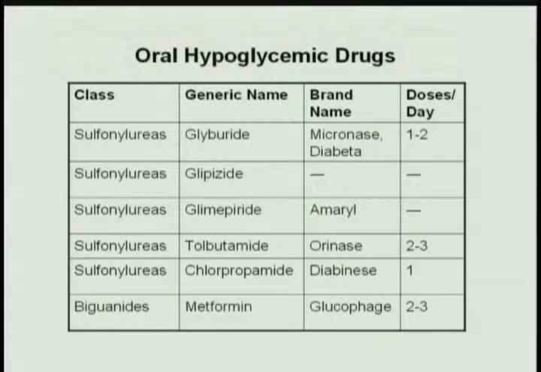The third side effect, or I shouldn't say side effect, but the third thing that we have to know about is that all these drugs are renally excreted. All of them, all the sulfonylureas are renally excreted except tolbutamide, right here, tolbutamide. People don't like to use tolbutamide.